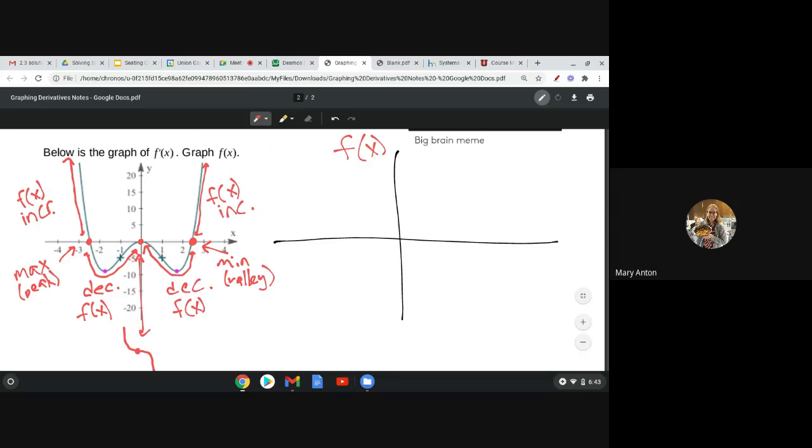Let's see. So from negative 2.5 here, I'll draw some little tick marks to help us out. So at negative 2.5, we have a maximum. I'll just draw our max point up here somewhere, because there's actually no way to know exactly where this is if we're going from our derivative graph to our original function.